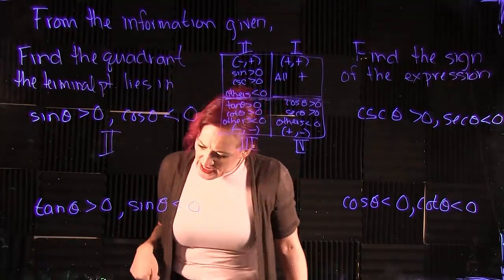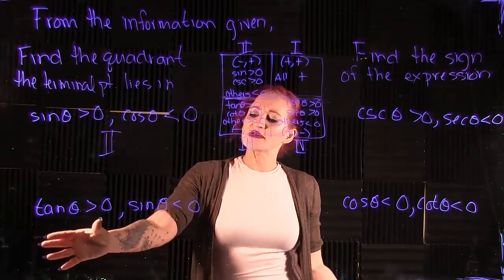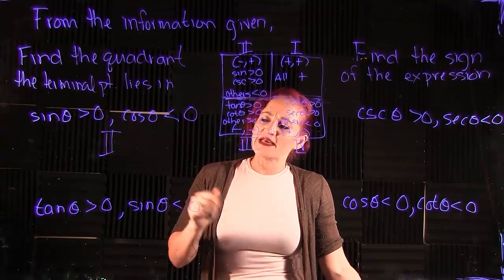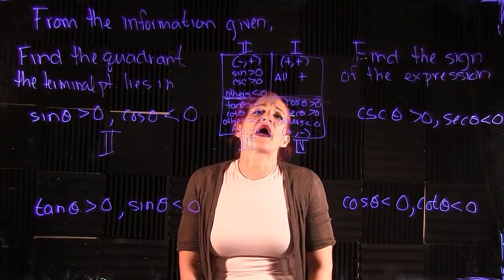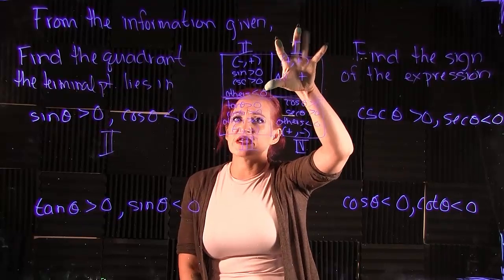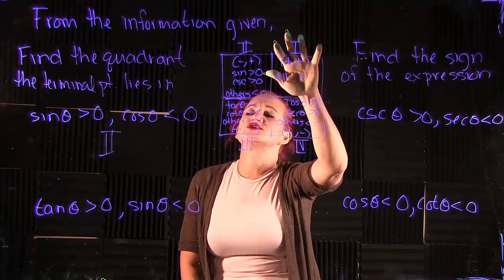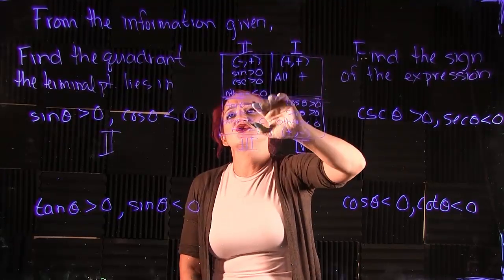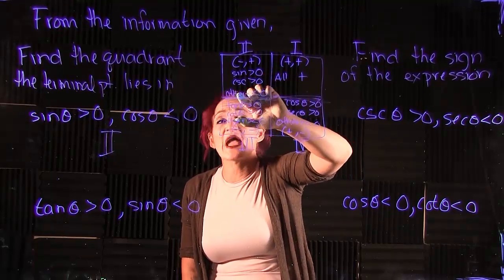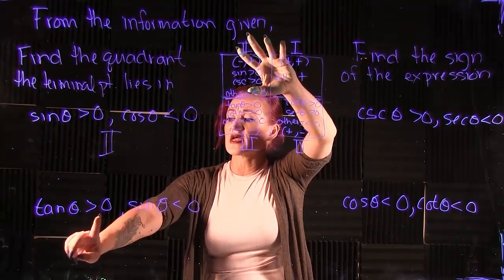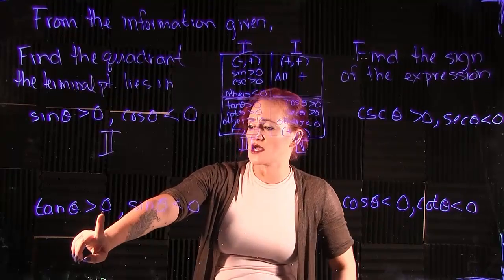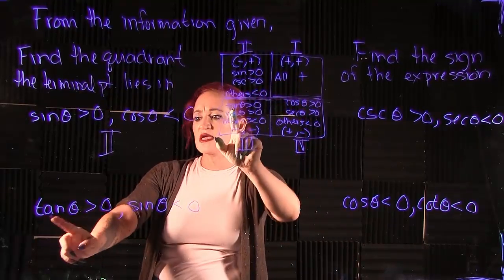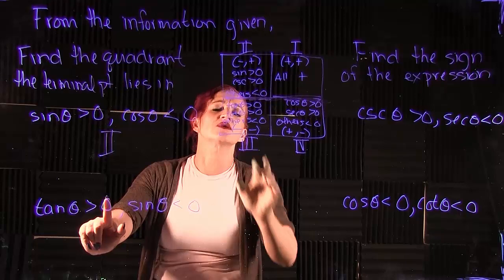So then tangent. We're looking for where tangent is positive and sine is negative, right? It obviously can't be quadrant 1 because everything needs to be positive there. Let's see, quadrant 2, everything is negative except for sine and cosecant, so that's not going to help us when we need tangent to be positive. Quadrant 3, tangent is greater than 0.